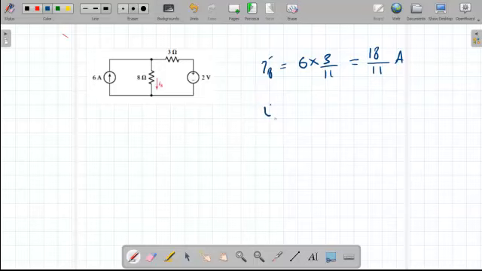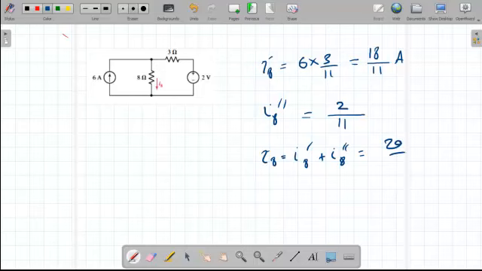In the second, I8'', the voltage source is on and the current source is open circuit. So I8'' will equal 2 over 11. So I8 will equal I8' plus I8'', which is equal to 20 over 11 amp.